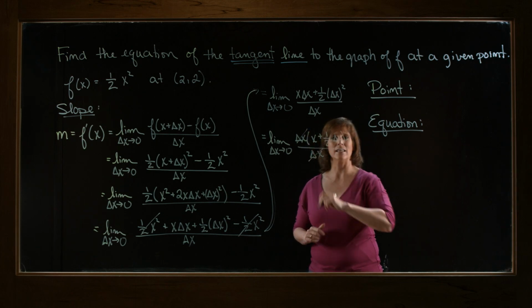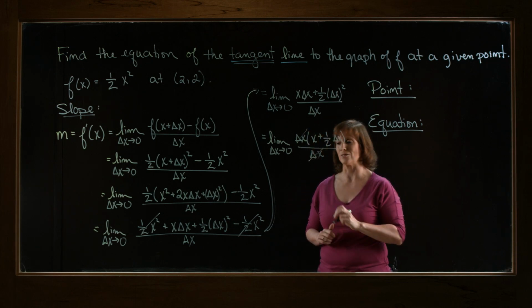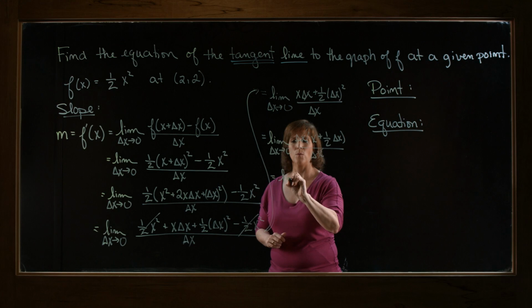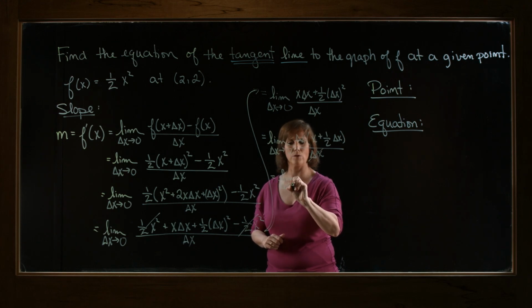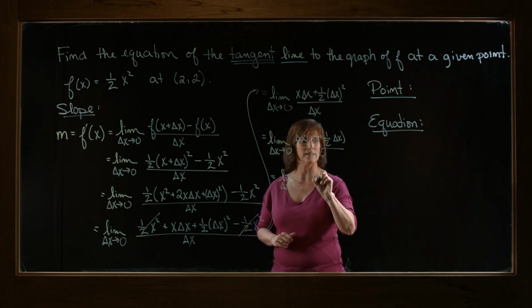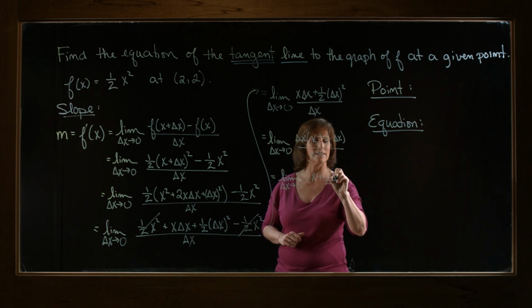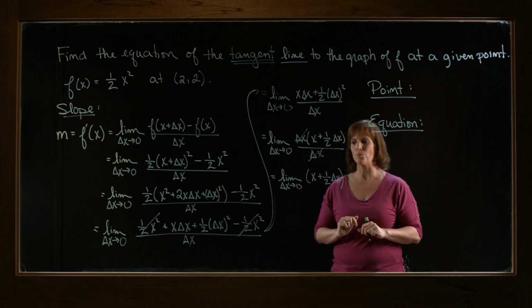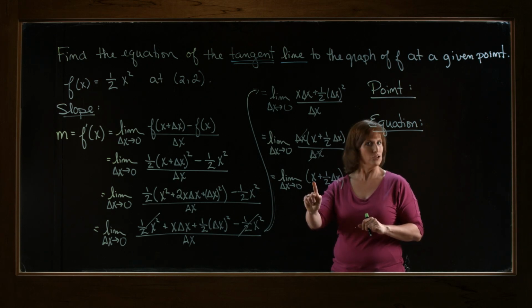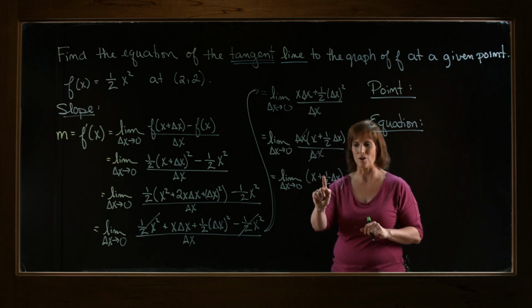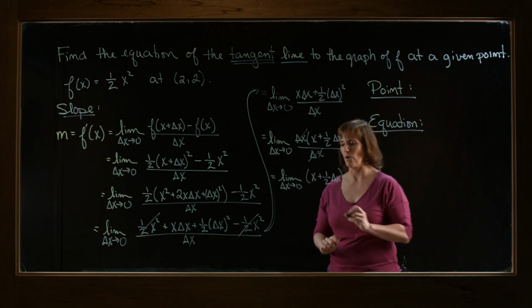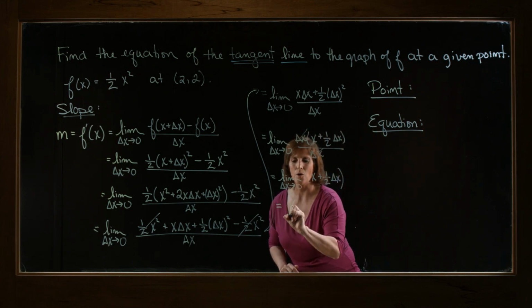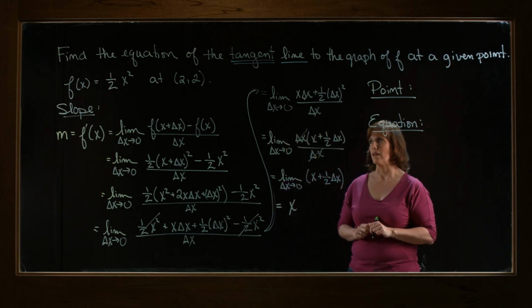I have a delta x in the numerator and the denominator that will cancel, which leaves me with the limit as delta x approaches 0 of x plus 1/2 delta x. Finally, I can take the limit, because as delta x approaches 0, the x just remains as x, and this term goes to 0. So my slope is x.